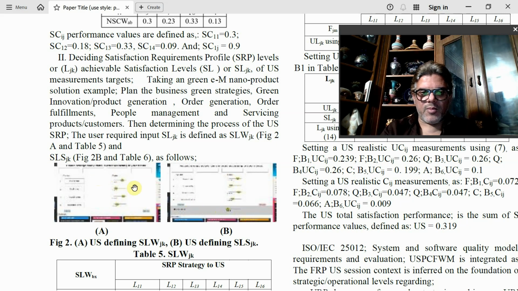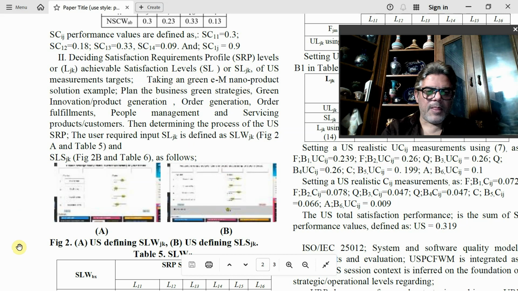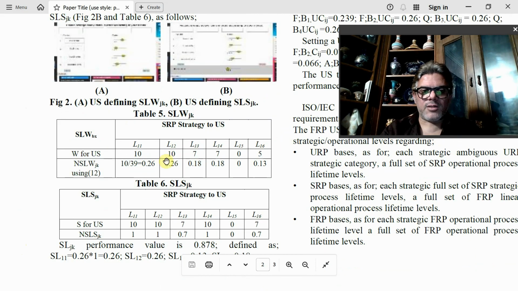So it gives you the name of the plan the business strategy, and then you give it the score you want for your own satisfaction as a life cycle, as a lifetime of the plan the business strategy, green strategies. Okay. So defining from 1 to 6. Again, this is the weight, so it's divided by a life cycle. But the score is from 1 to 10, so you divide by 10.